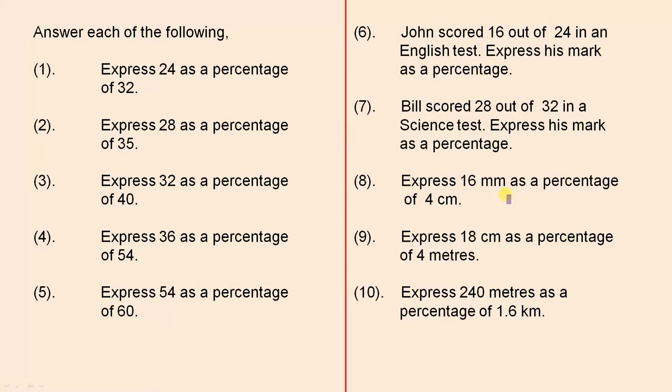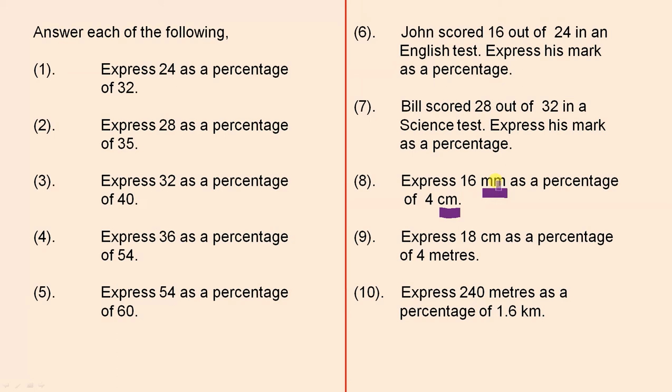Now, if we come down here, for example, to number 8, we have to be very careful when we have units like this. These are two measurements, for example, but look at the two units. They are both different.